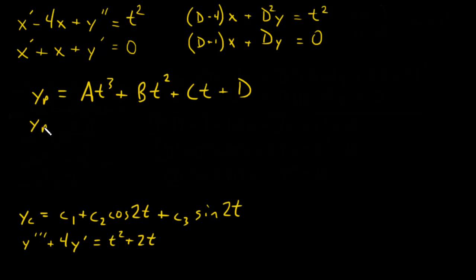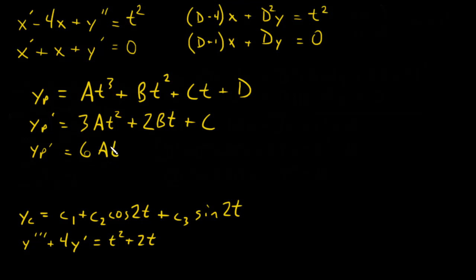Now let's do y sub p prime. It's going to give me 3a t squared plus 2b t plus c, then double prime, 6a t plus 2b, and then y sub p triple prime, 6a. So now I have something to plug in right here. So let's go ahead and do that. Let's plug in.